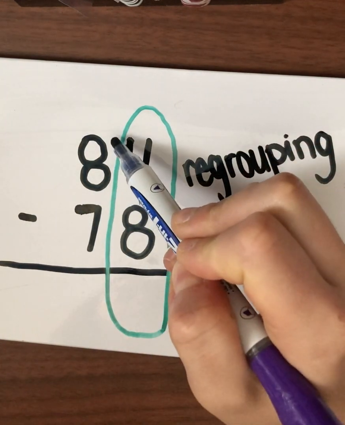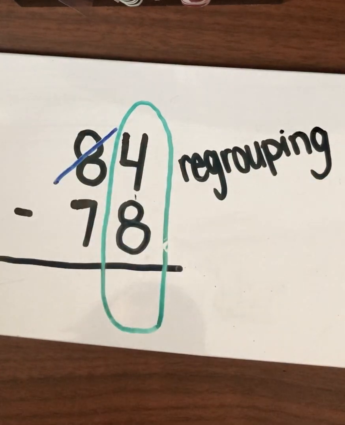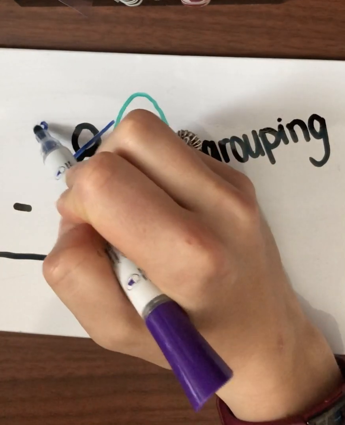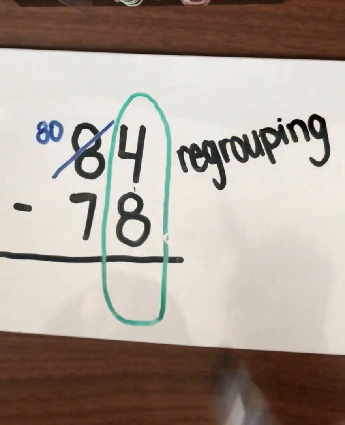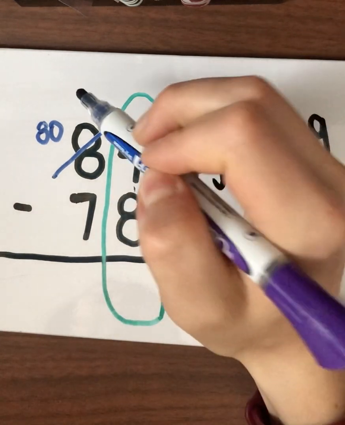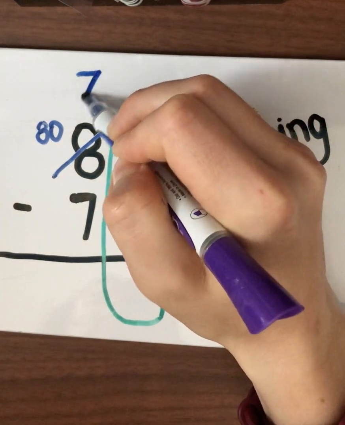So what we're gonna do is we're gonna start by crossing out our 8 and we're gonna borrow 10 from him. Again, we know he's an 80. We want to borrow 10 from him. So to do that, he becomes a 7.